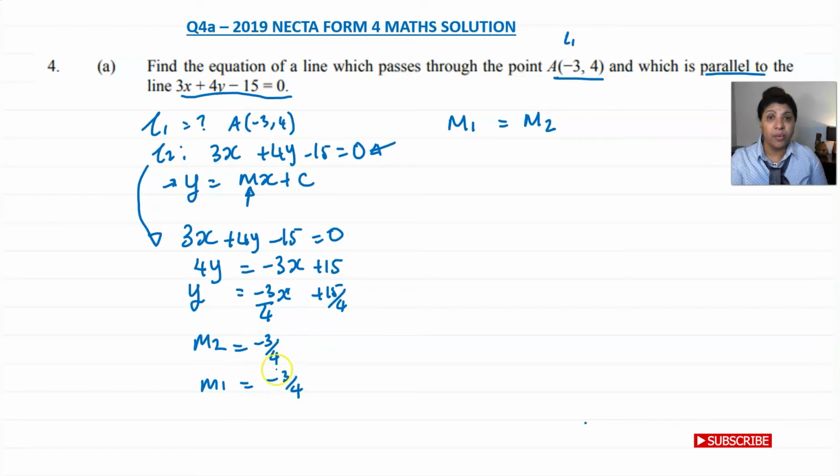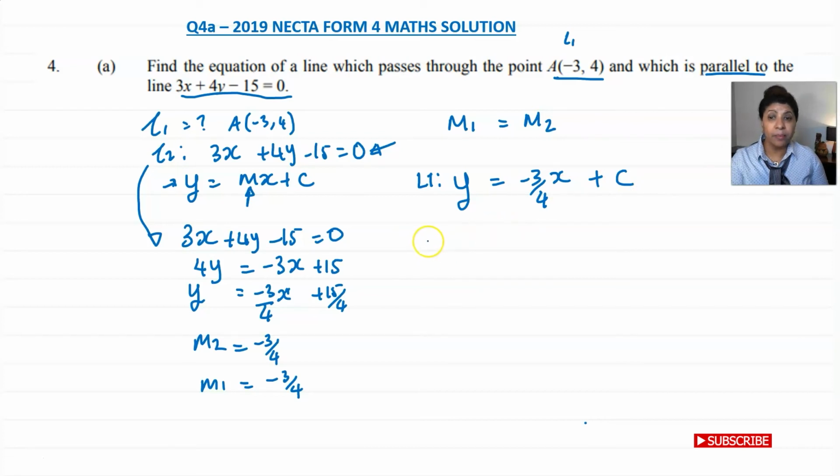So now we have the gradient for line 1, and we also have a point. For line 1, y = -3/4 x + c, and we don't know what the y-intercept is, because c is the y-intercept.